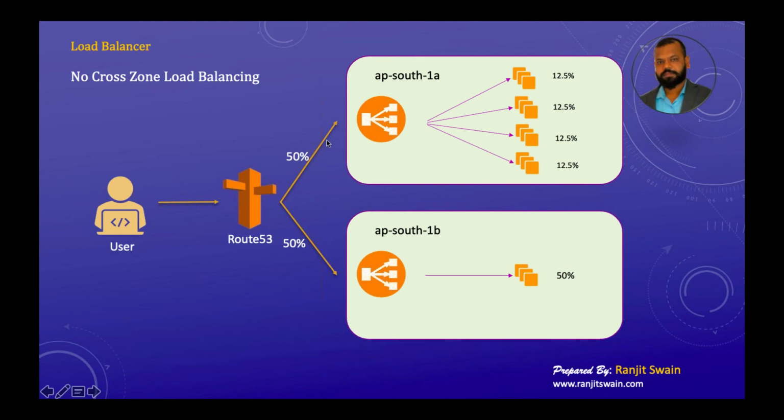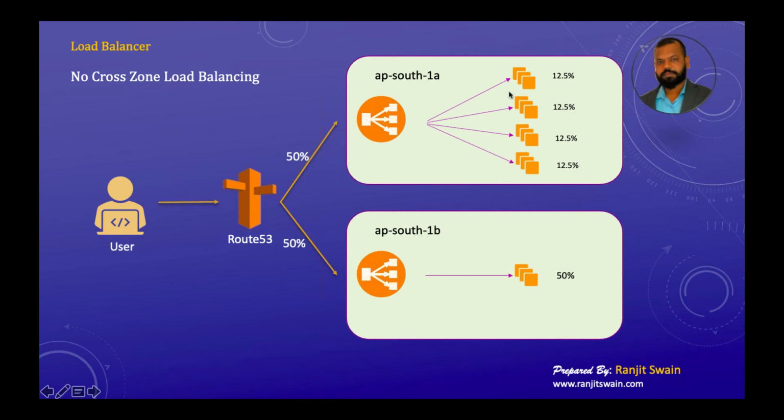We have a load balancer in 1A and another in 1B. In availability zone 1A, we have four servers, but in 1B, we have kept only one server. When the user request comes, the Route 53, we'll see Route 53 in detail.